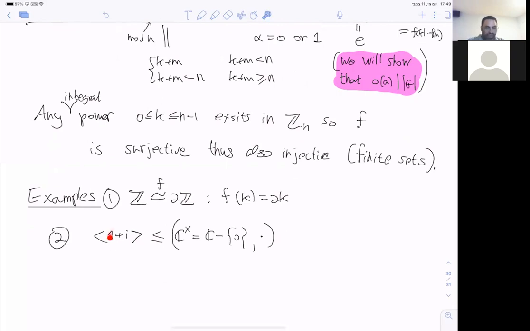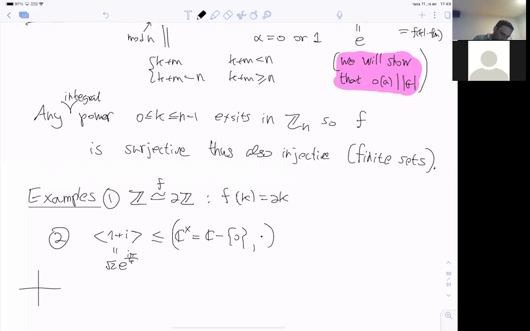Is this group finite or infinite? The answer is infinite. Why? How do I know that this group is infinite? Because this can be written as root 2 e to the i pi over 4, isn't it?